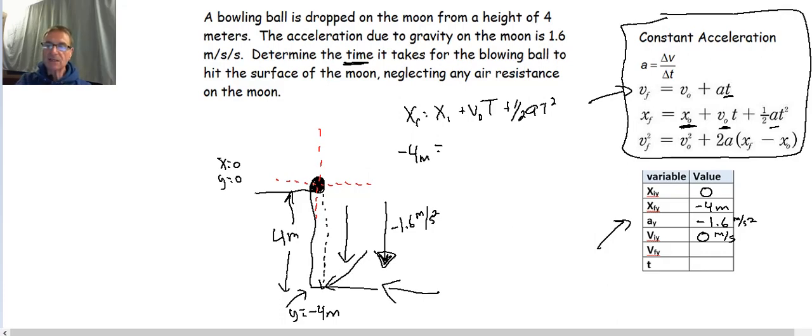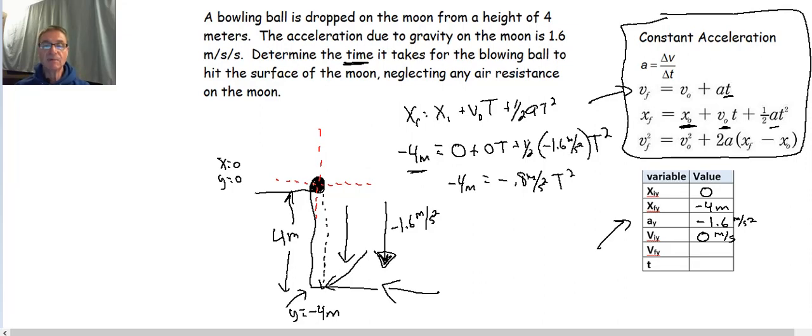So x final in the y direction is -4 meters, equals x initial in the y direction, which is 0, plus v0 times t. Well, v0 in this case is 0 meters per second, so it's 0t, plus a half times a t squared. Well, a is -1.6 meters per second squared times t squared. t is what we're looking for. All right, so -4 meters is equal to -0.8 meters per second squared times t squared.